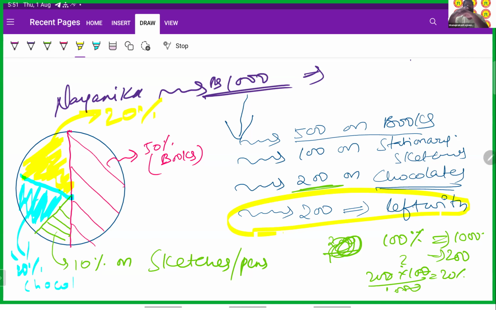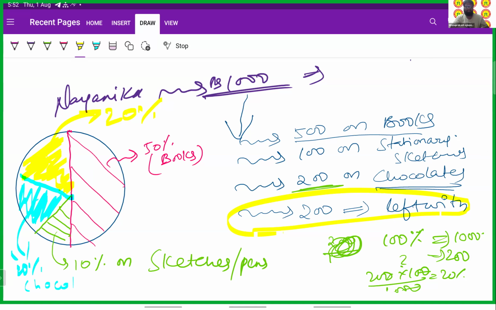The complete circle of the pie chart is considered 100%, and you show each part of the data using percentages. So we convert the data into percentages and then show it on the pie chart. Correct.